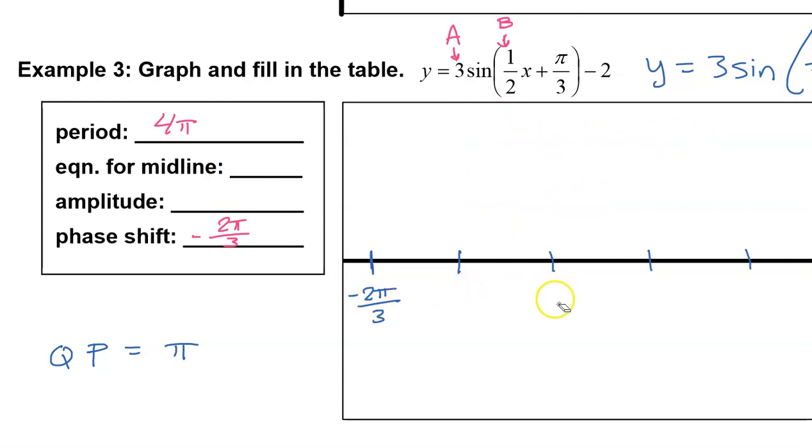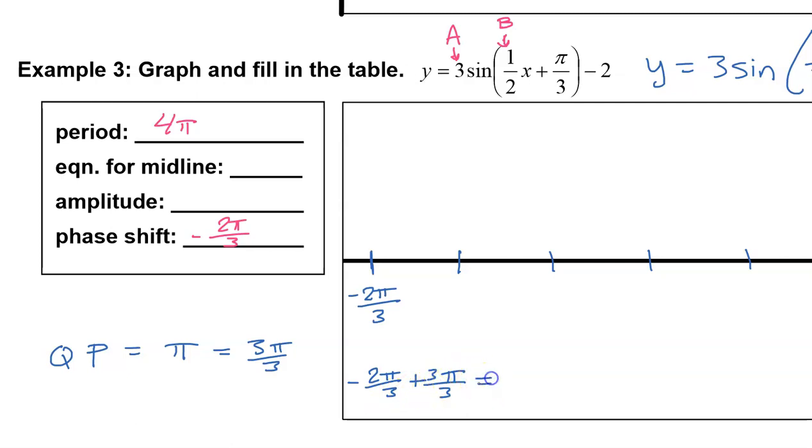So, in order to find each one of these values, I'm going to add the quarter period. So, I'm starting with my negative 2 pi over 3, and I need to add my quarter period, which is pi. But of course, pi is the same thing as 3 pi over 3. So I'm going to write 3 pi over 3 so that I have like denominators.